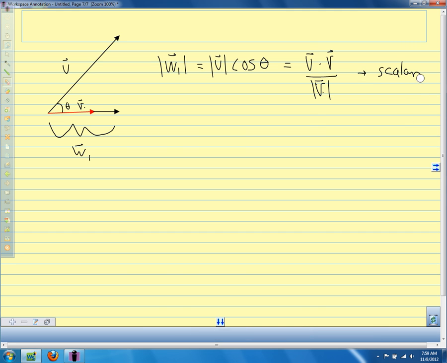We want a vector quantity in the direction of V. So what can I do with this scalar quantity to get a vector in the direction of V with this magnitude?